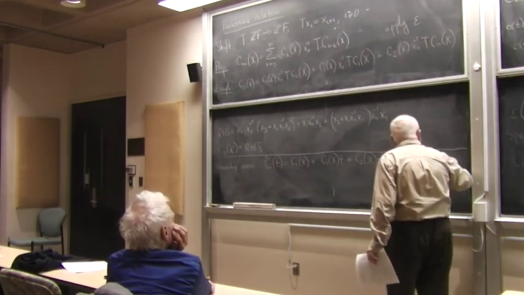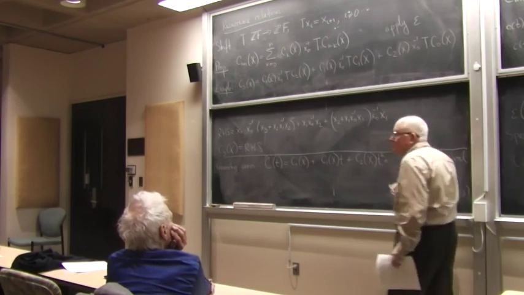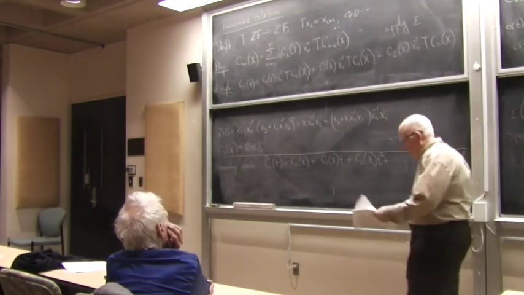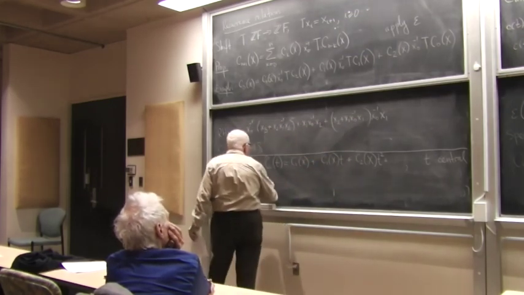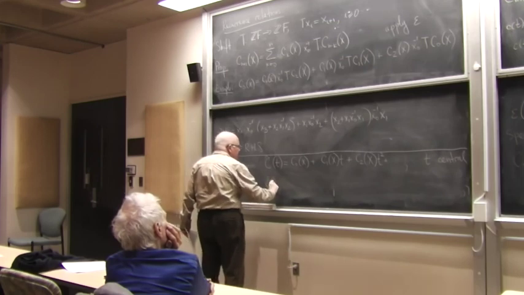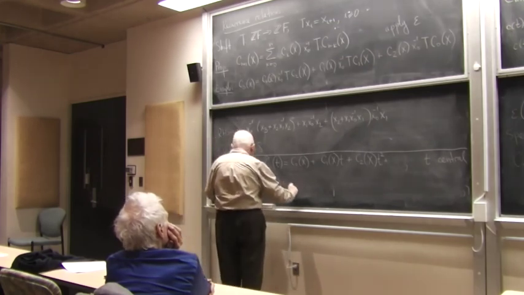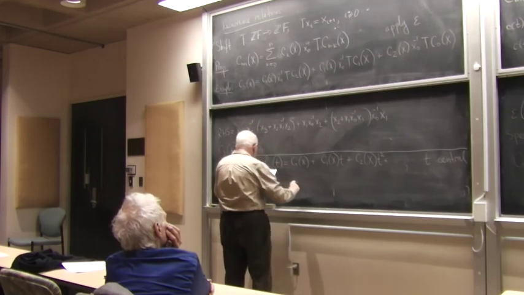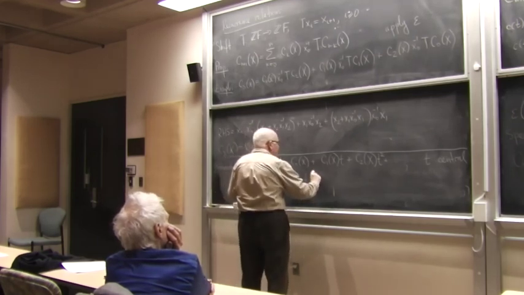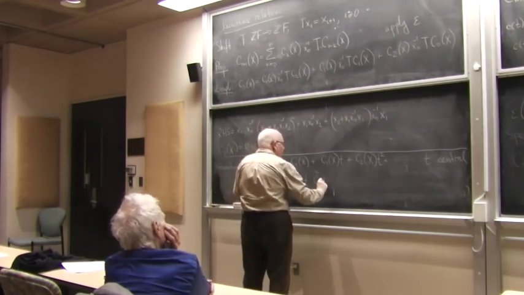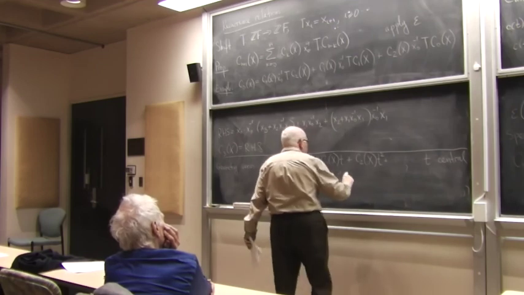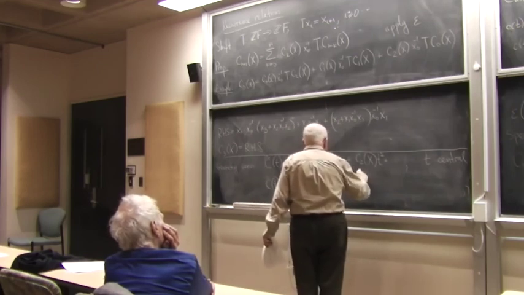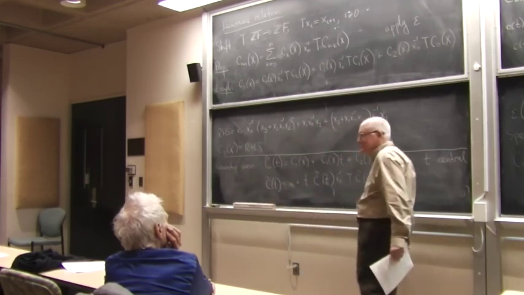And t is a central parameter, so t commutes with the x's. Then the quadratic equation written over there looks like C of t equals x naught plus t C of t, x naught minus 1, t C of t. So that's no surprise.